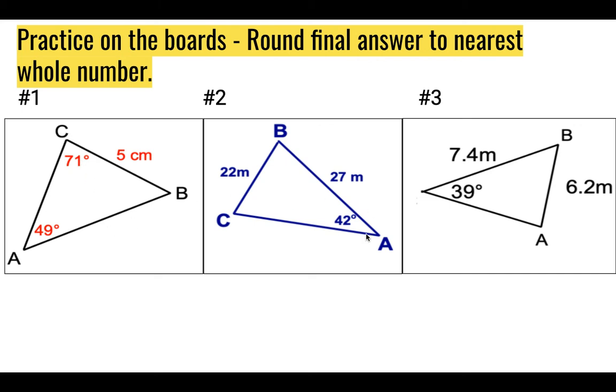This triangle, we have both A's, we have little c, so you're going to find big C. That's just like what we did in the last slide, right? And this one, oh, I guess if this is A and B, that means this is side C, right? So I have both C's, one A, so the little a, so I need to find big A. Okay, so pause the video here, give these a try, and then I'll show you the answers next.